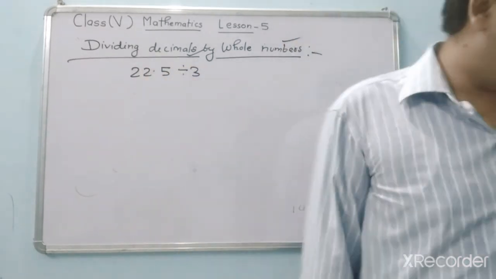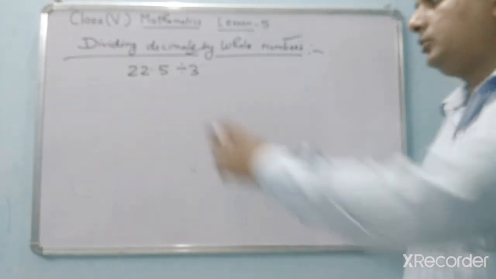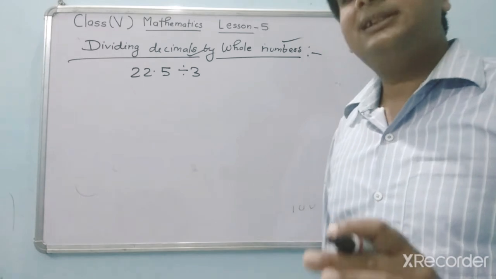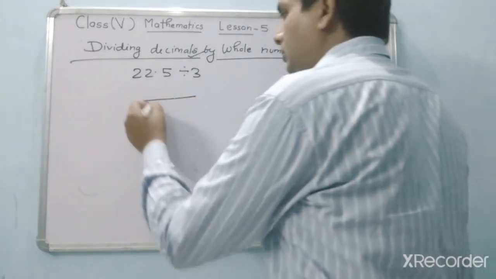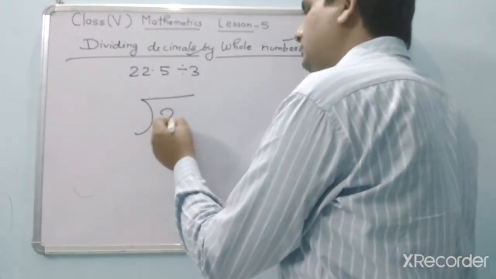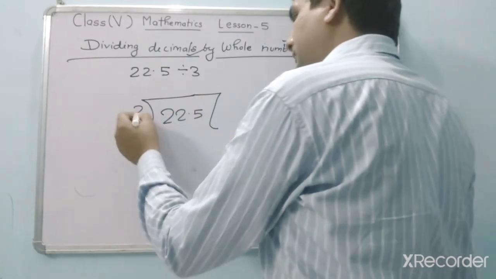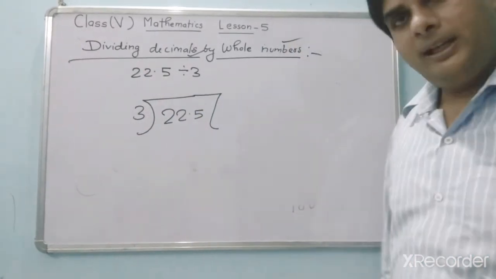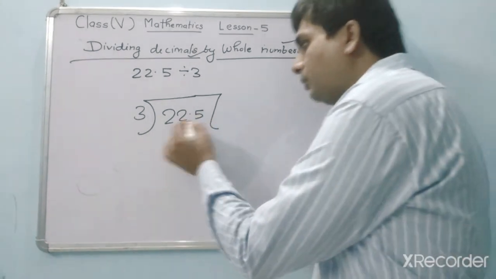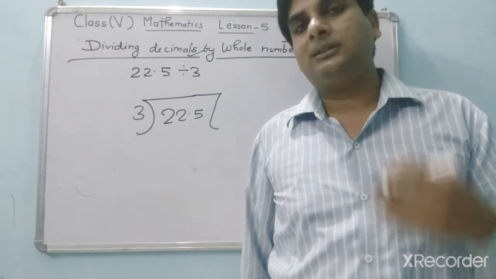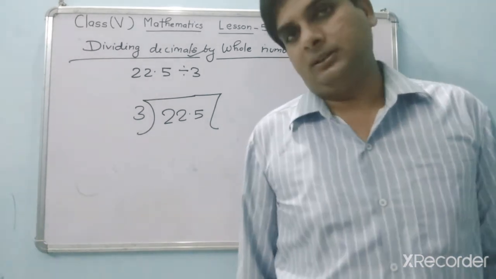We have to divide 22.5 by 3. The remaining process is the same. You already know how to divide. Before the decimal, we will follow the same method, the simple division method.